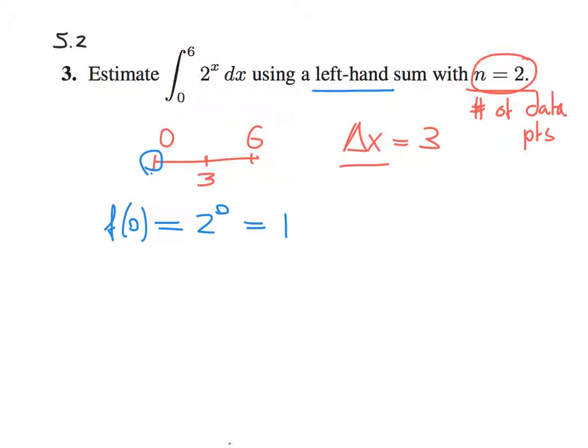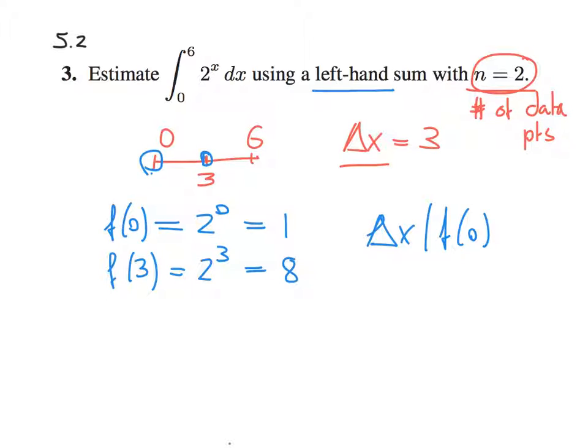And then we would compute the next data point, f of 3, which is 2 to the 3rd, which is equal to 8. And then you would form the left-hand sum by saying, I have delta x times f of 0 plus f of 3, and that's 3 times 1 plus 8, which is 9, so that would be 27.